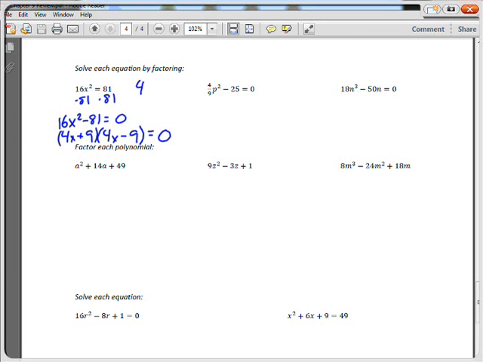I'll have 4x plus 9 equals 0 or 4x minus 9 equals 0. And so here I'll get x is equal to negative 9/4, and here I'll get x is equal to a positive 9/4. So my answer on this problem then will be a negative 9/4 and a positive 9/4.